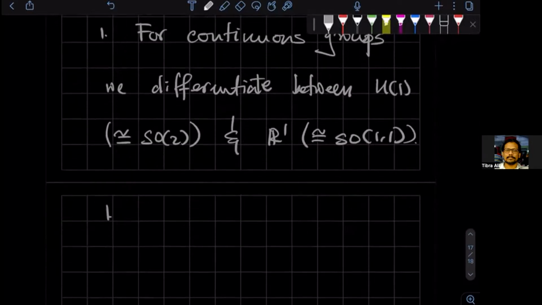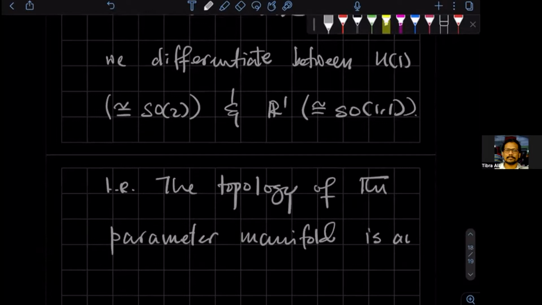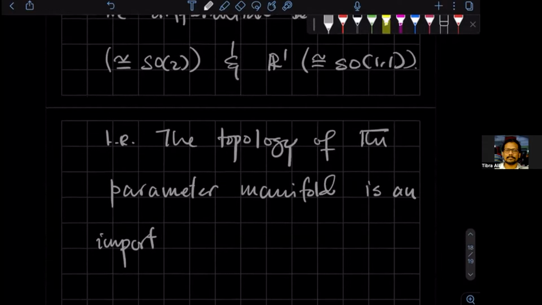In other words, the topology of the parameter manifold plays an important role.